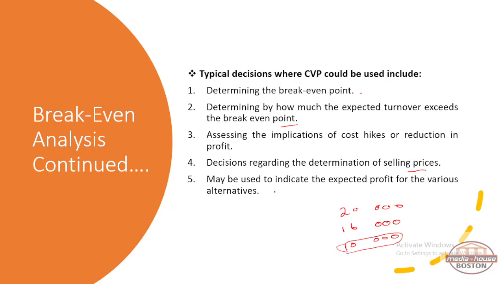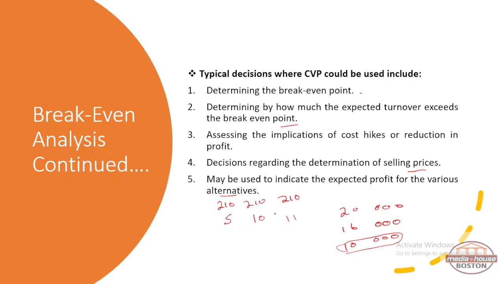So here it says that it may be used to indicate the expected profit for various alternatives, where we've got alternatives in terms of different selling prices and different supplier costs, because you might find that one supplier supplies your material at 5 rand, another at 10 rand, another at 11 rand. Your selling price will remain 210, 210, 210.